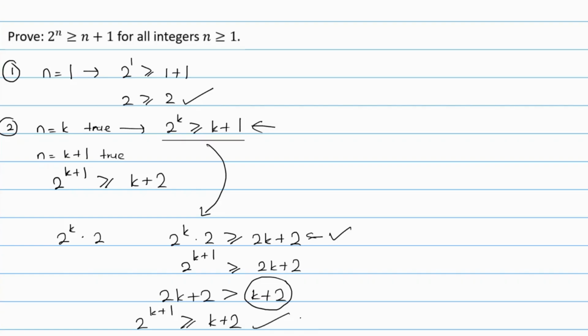And this condition is what we need to prove, that the previous statement is true for n equals k plus 1. So now we have proven for n equals k plus 1, and we have proven for the base case, and therefore we can clearly say that for all integers n greater than 1, this statement 2 to the power n greater than or equal to n plus 1 is true.